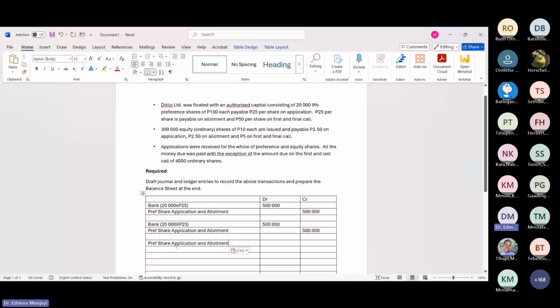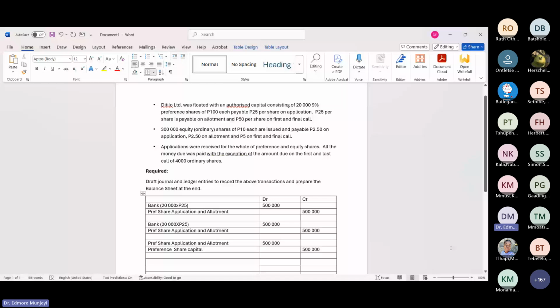So we are going to transfer this one to what we call preference share capital. Once we have done this, we are finished with this account.